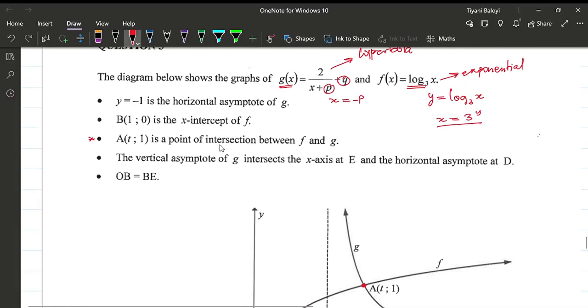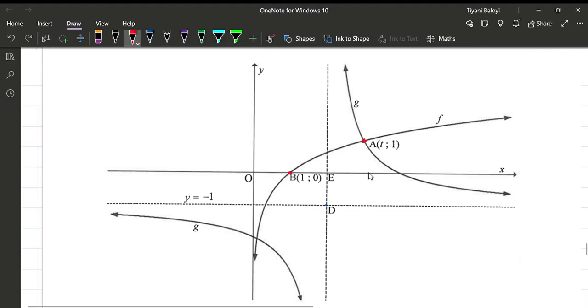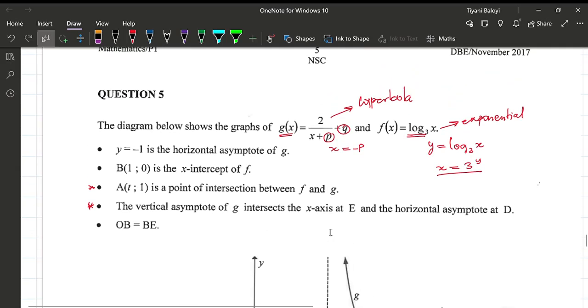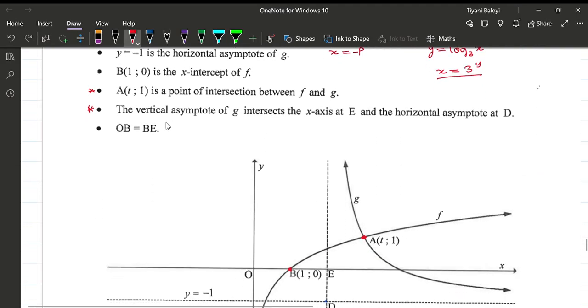And then they say the vertical asymptote of g, which is x is equal to minus p, intersects the x-axis at E and the horizontal asymptote at D. So this is your E. This is our vertical asymptote because it intersects these two points, right? So this is your vertical asymptote, which is x is equal to the value at E, and also at D. Let's see. They say that OB is equal to BE.